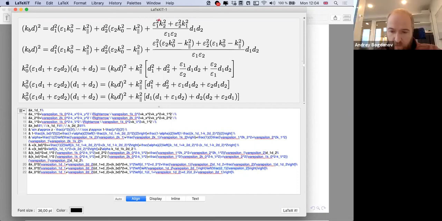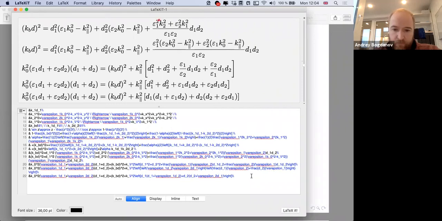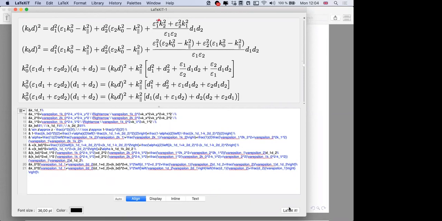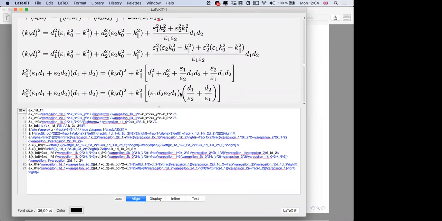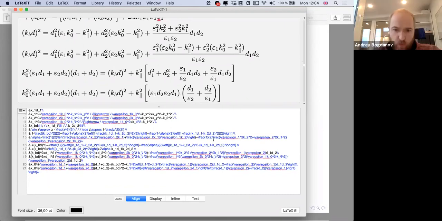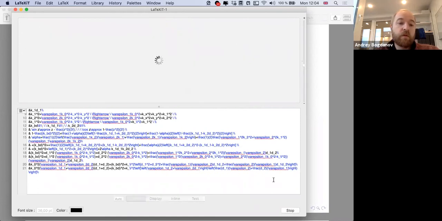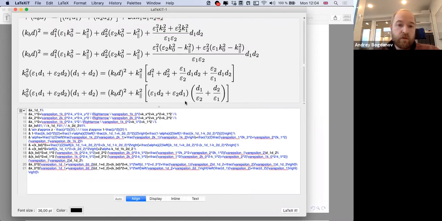Plus d2 over epsilon 1, yeah. Plus, yes, I forgot plus somewhere. Okay, please have a look. Is it correct now?